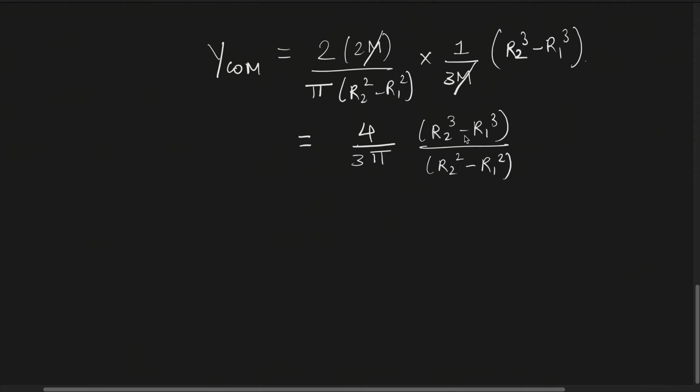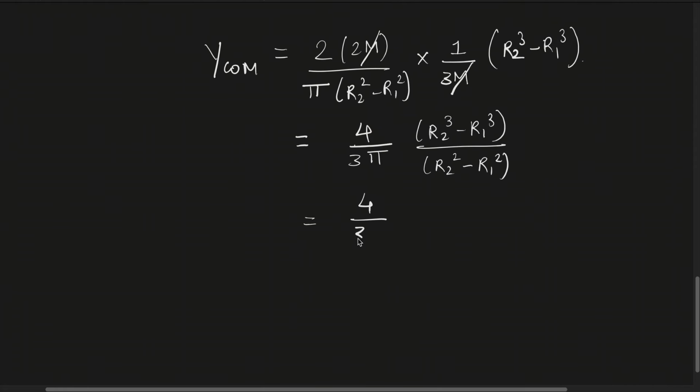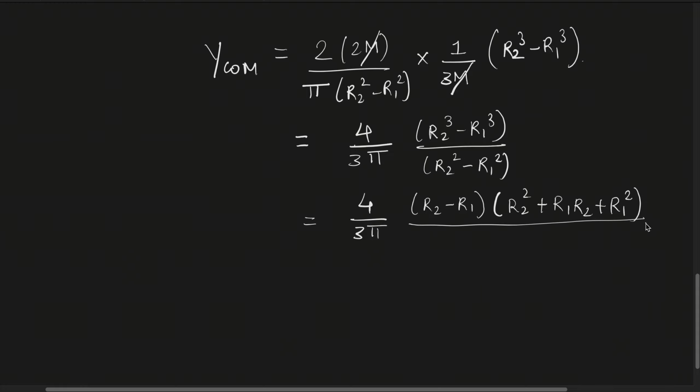Now we can write this as 4 upon 3 pi, r2 minus r1 into r2 square plus r1 r2 plus r1 whole square, divided by r2 square minus r1 square, which can be written as r2 minus r1 into r2 plus r1.